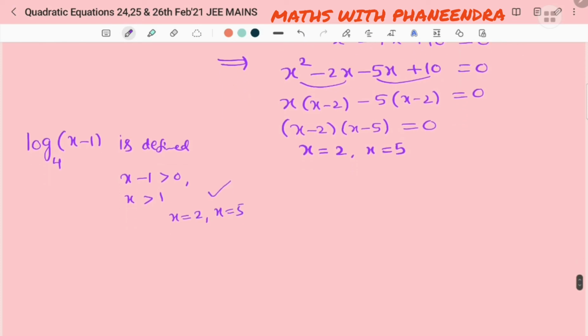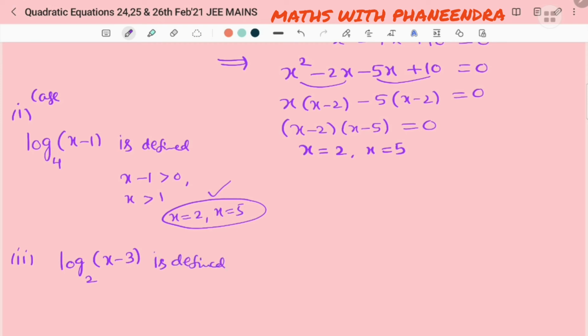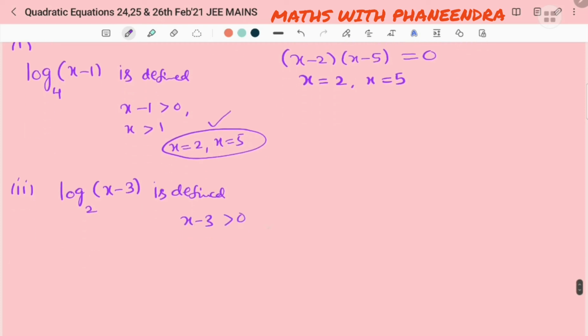But come to the second case. This is case 1 we are checking. Among these two cases, which case is having both possibilities, that we can consider. Log (x minus 3) to the base 2 is defined when x minus 3 is greater than 0, so x is greater than 3.